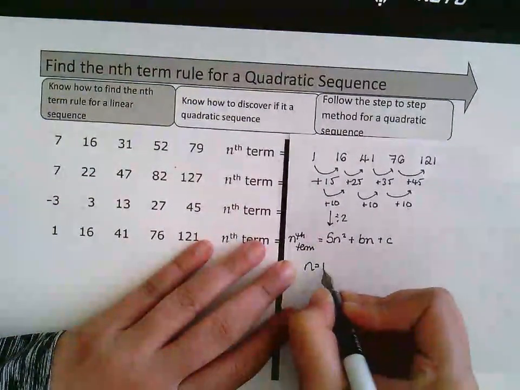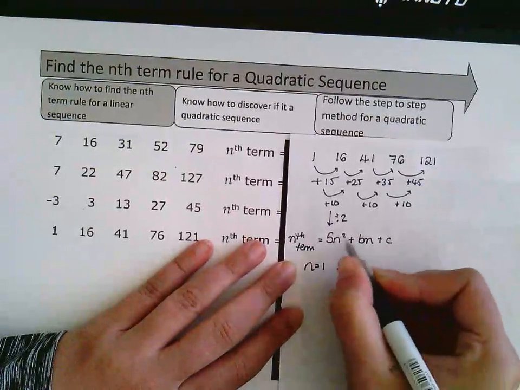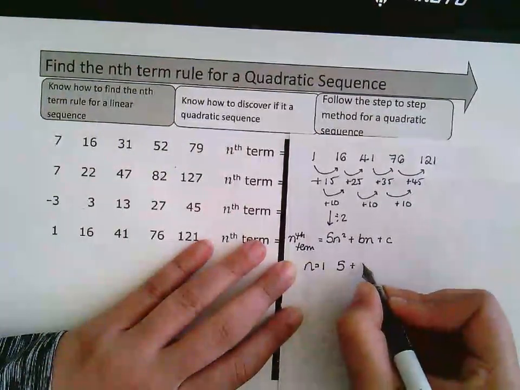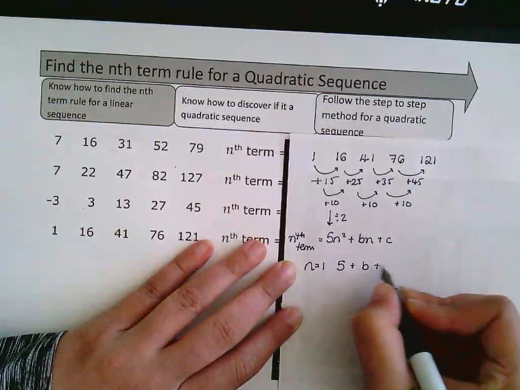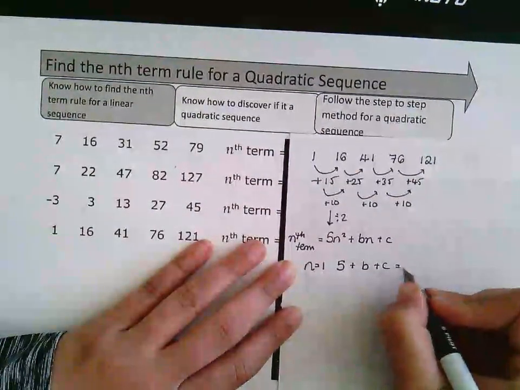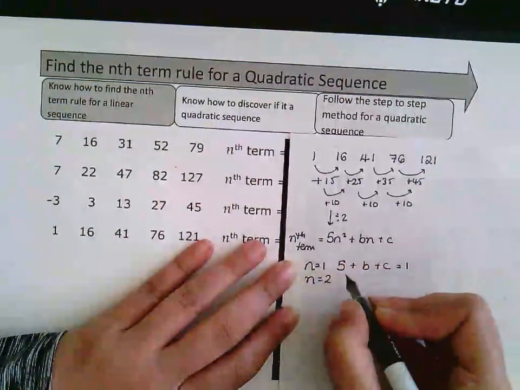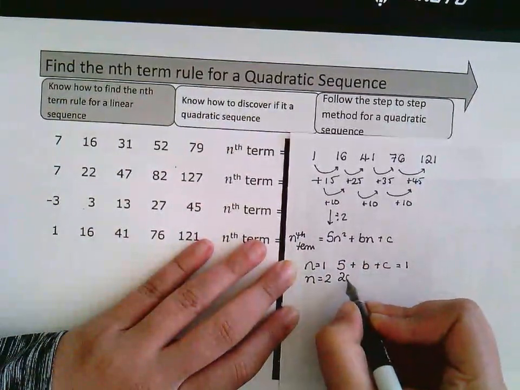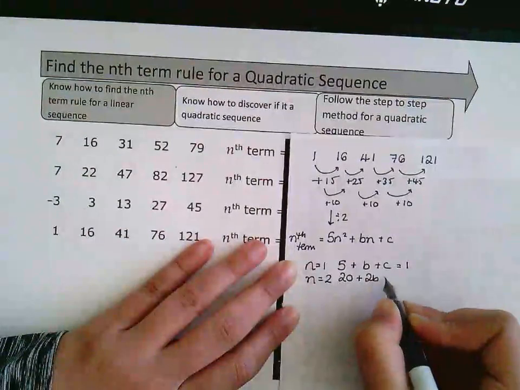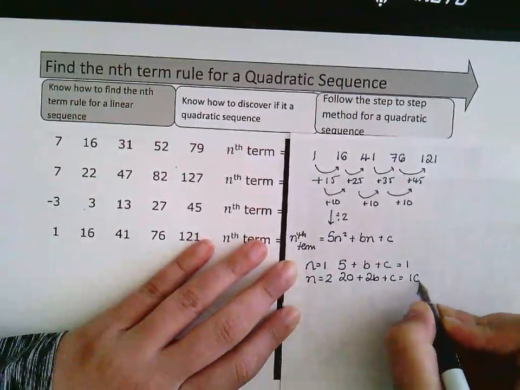Let n equal 1. So 5 times 1 squared is 5, plus b plus c equals 1. Let's let n equal 2. 2 squared is 4 times 5 is 20, plus 2b plus c equals 16.